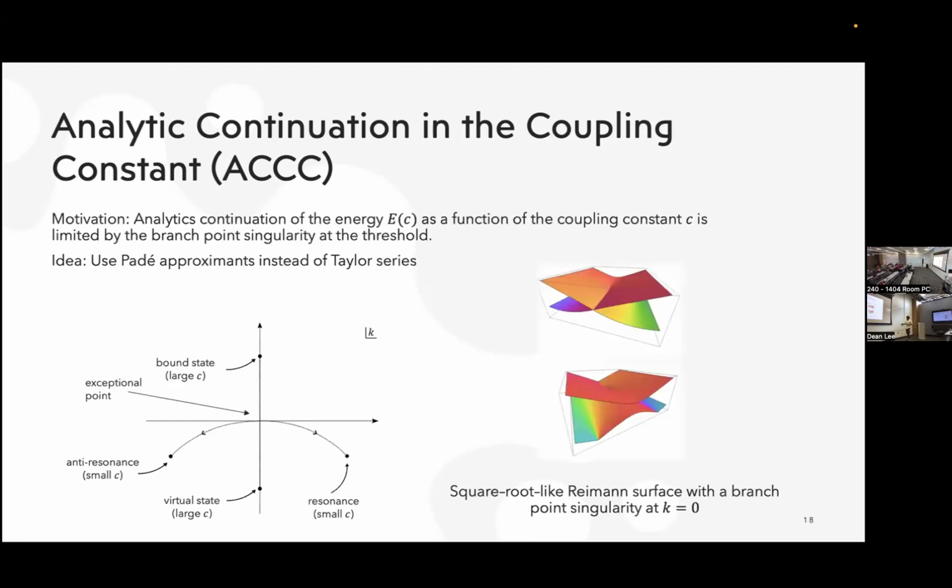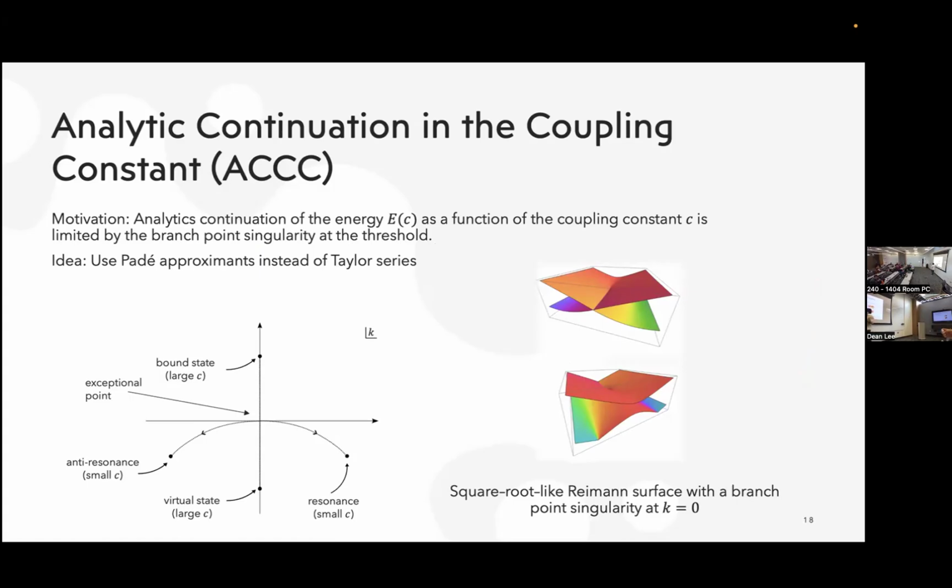Okay, the motivation goes like this. I didn't explain this part earlier. What actually happens when you tune the coupling constant is that there will be a bound state, and there will also be a corresponding virtual state, or anti-bound state, so to speak. At the threshold, they will meet and become what's known as an exceptional point.